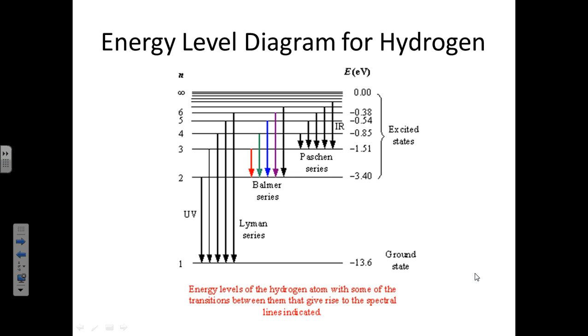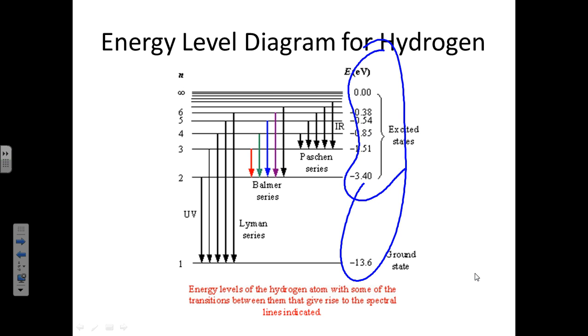Now this is an energy level diagram for hydrogen. And we'll be coming back to this a lot here in a minute. But these numbers over here on the right, let's go all the way down. Those are the energy values an electron has when it's in those energy levels, in electron volts, which are these tiny units of energy.